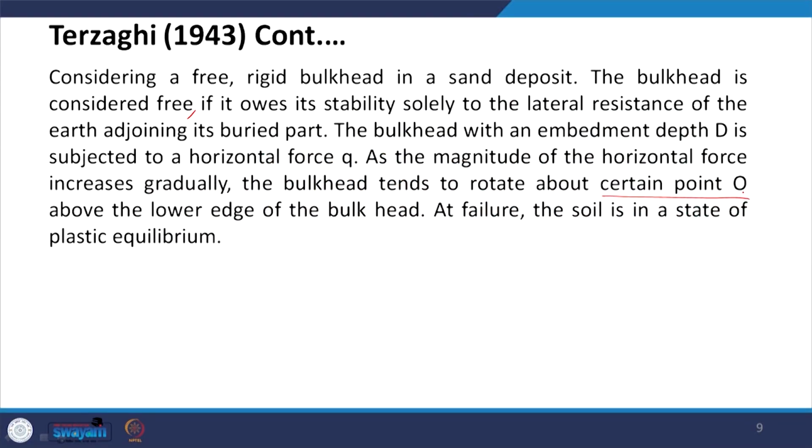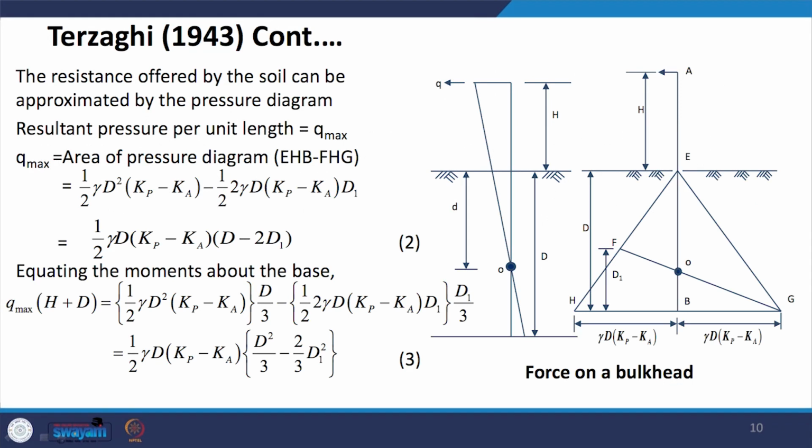It is shown at failure: the bulkhead tends to rotate about a certain point O above the lower edge of the bulkhead, and at failure the soil is in a state of plastic equilibrium. Q is this force shown here.